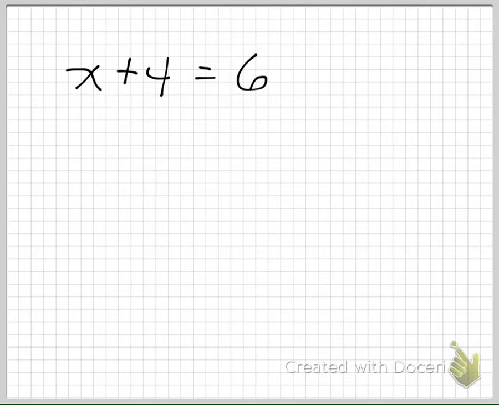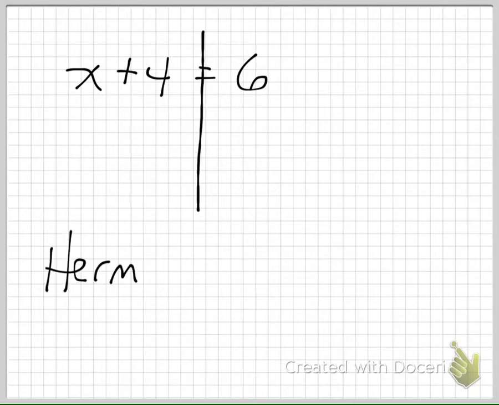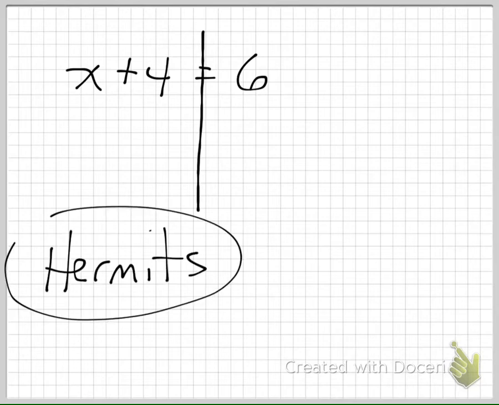That's what an equation is. This is 1 giant building, but it's a duplex, meaning that there are 2 residences, right? Here's what we're going to do. We're going to draw a line down the equal sign. That's going to be the shared wall. Here's the deal. Variables are hermits. What's a hermit?